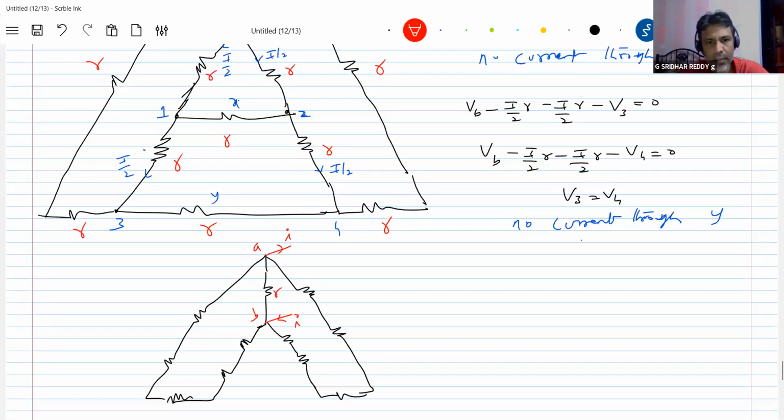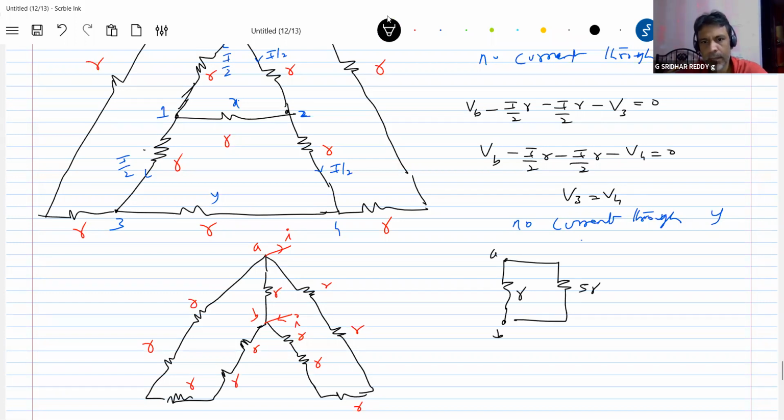Everywhere let the resistance be R. So this is 2R here, and this whole is 5R. So the equivalent network will look like that. This is R, and this will be 5R. The total current I entering is the same current that should leave.